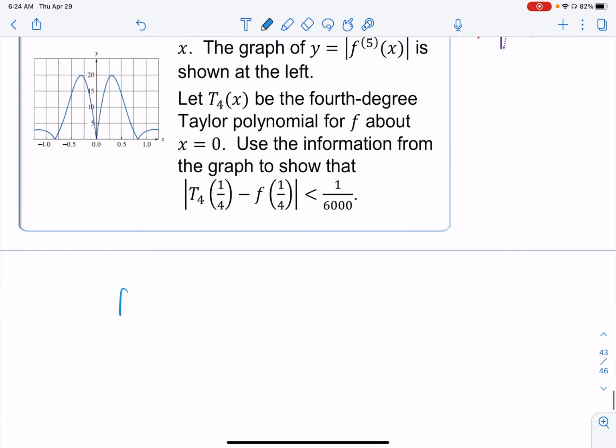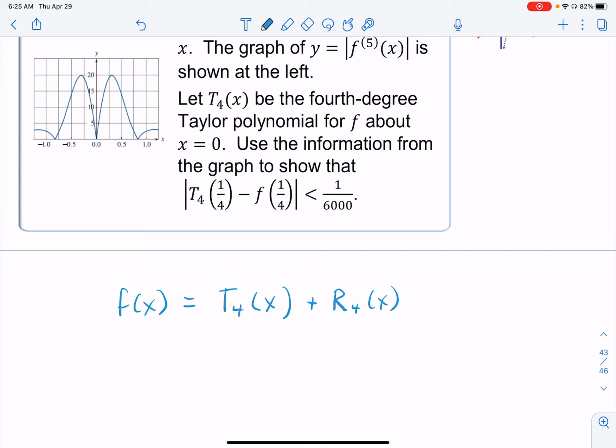So we started off with a function, and we're approximating that function with, in this case, a fourth degree Taylor polynomial. It's not exactly equal. To make it equal, I would have to add a little bit extra. That's the remainder function. And then it is exactly equal.